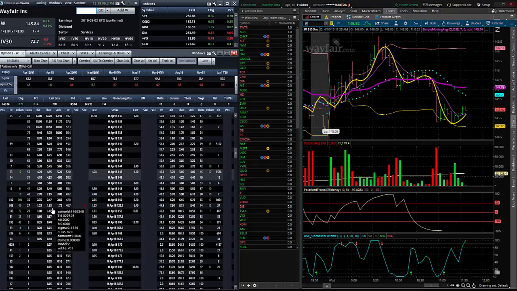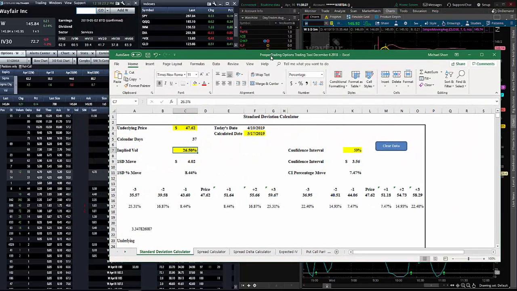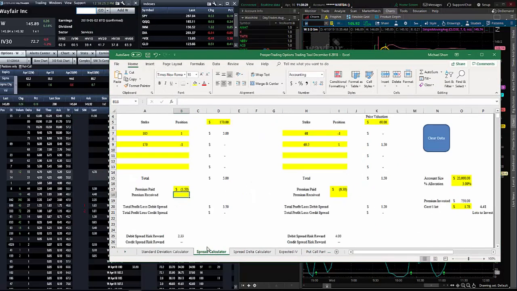Okay, so now how is this different, and why won't we do this as the signals that we put on? Because remember what I say about these spreads: don't make them overcomplicated, break it down into what it is. Let's get the spread calculator in here.